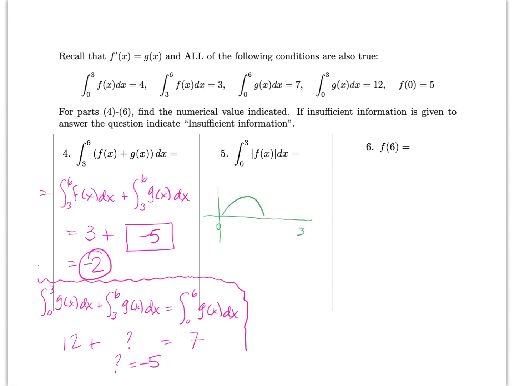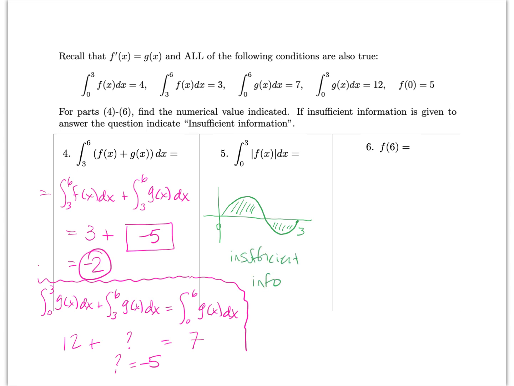I know that the net area is 4, so this area minus this area gives me 4, but I have no idea what parts are positive and what parts are negative. So I can't do this without more information, a picture or a formula. So this is insufficient information.